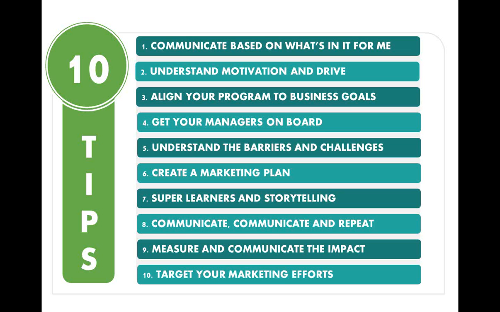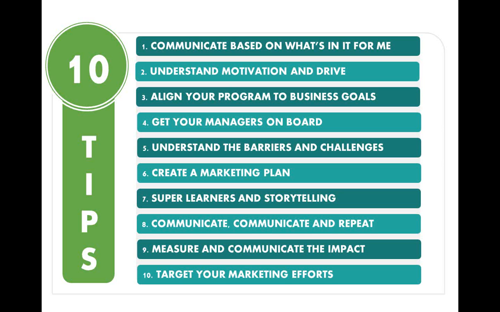And then we want to make sure that the program that you've developed is aligned to business goals and objectives. You have to get your managers on board to deliver the goods. Then we have to understand the structural barriers and challenges in your organization, so that those first 4 pieces will come into play to overcome them.